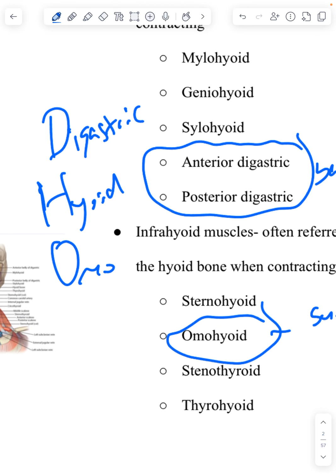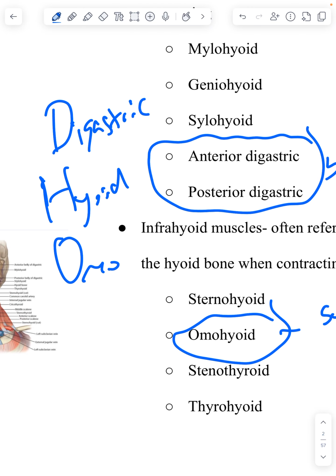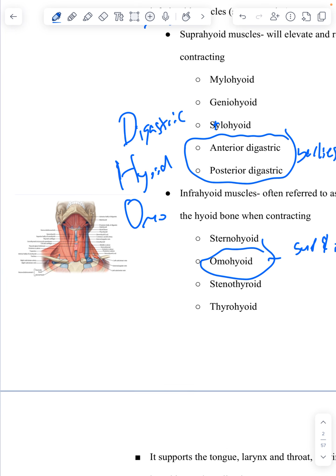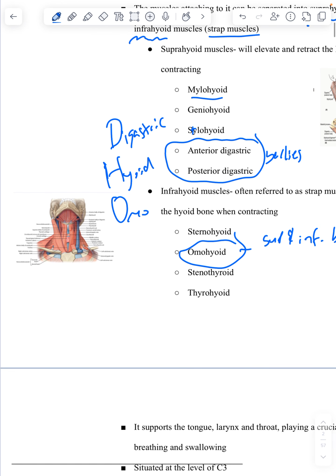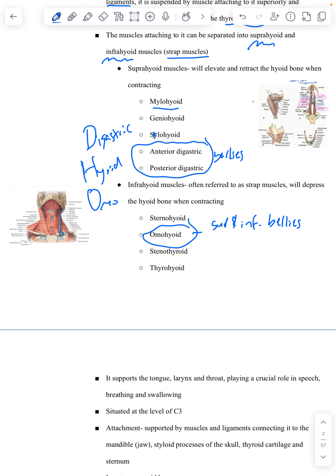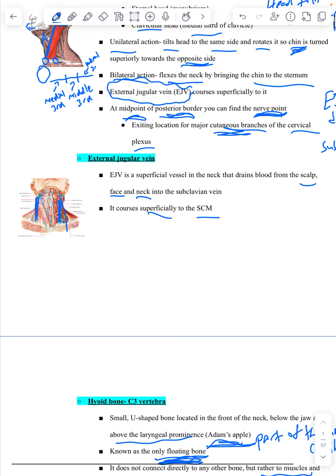So stylohyoid should be T. Stylohyoid would connect from the styloid process in the skull to your hyoid bone. Mylohyoid, there's a part of the mandible called the mylohyoid line, so it connects from there to the hyoid. So if you understand the names, you'll understand the connections.